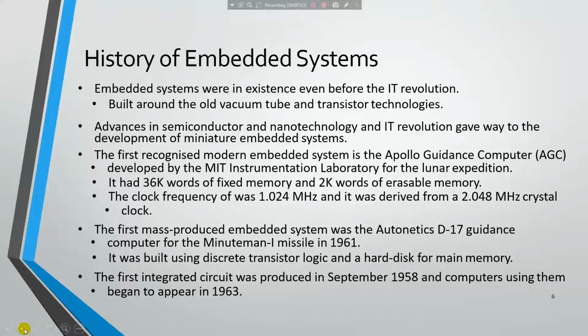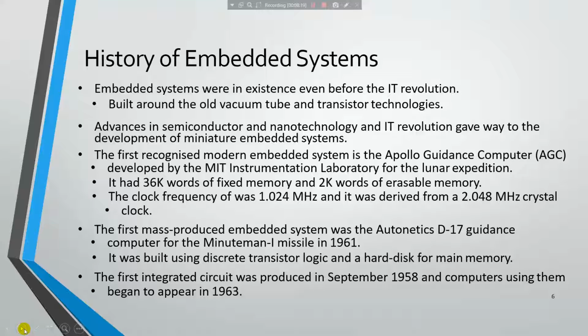Advances in semiconductor and nanotechnology and the IT revolution gave way to the development of miniature embedded systems. The size of embedded systems started reducing. If you observe, 20-30 years back, how the cell phone looked, and how the cell phone looks right now, we call it a smartphone. That is the revolution of embedded systems in the semiconductor industries.